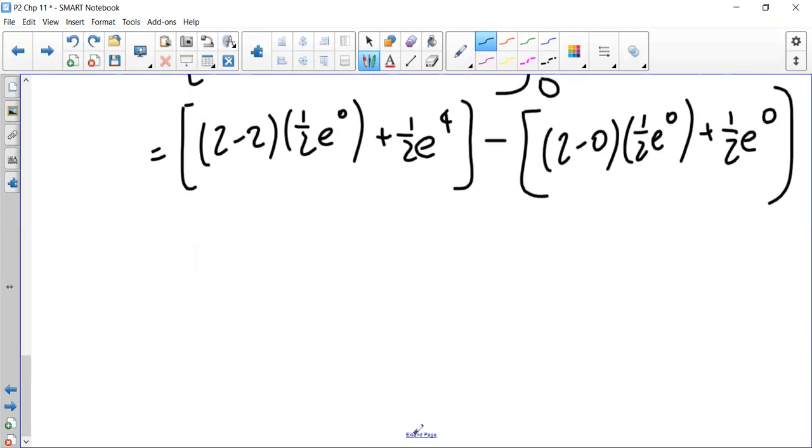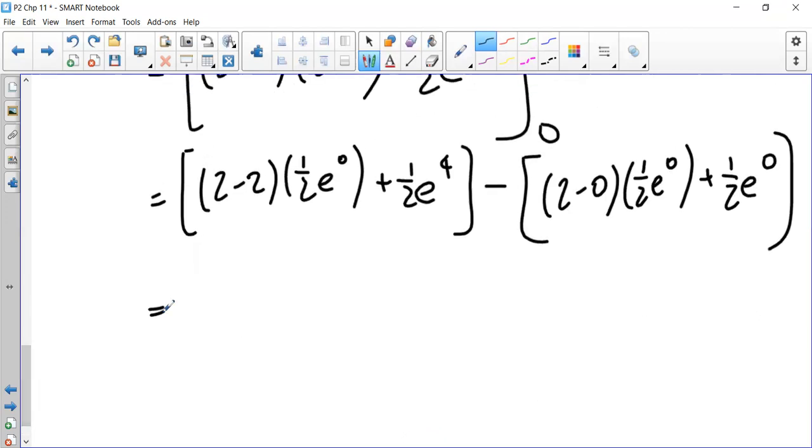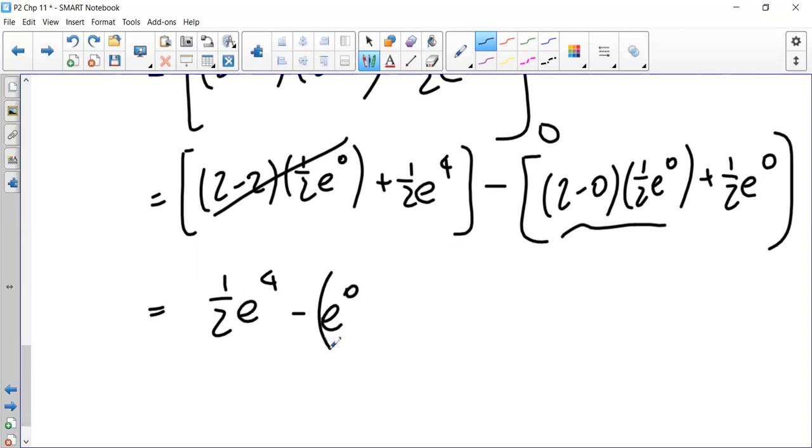It's not. e to the power of 0 is 1. So just be mindful of that. But 2 minus 2 is 0, so that whole term is gone. So it's a half e to the power of 4 minus, this one is 2 times a half, which is 1, times e to the power of 0, which is 1. So that's 1. Then a half times e to the power of 0, that's a half.